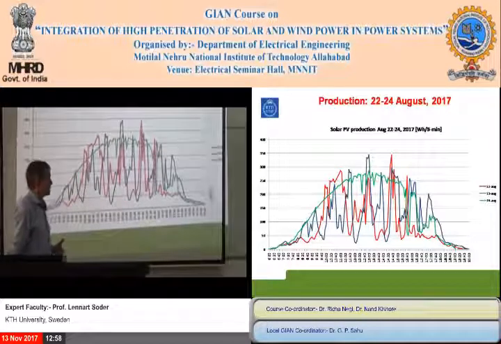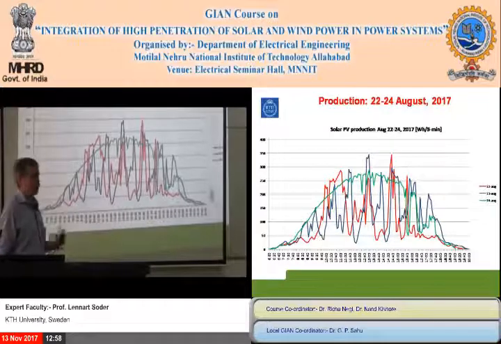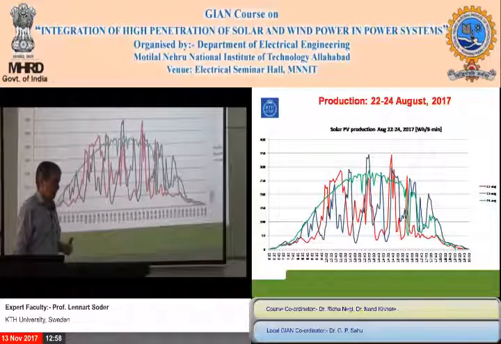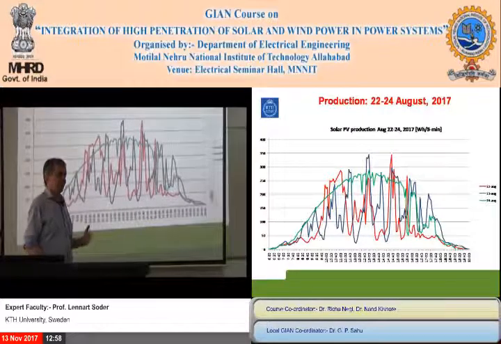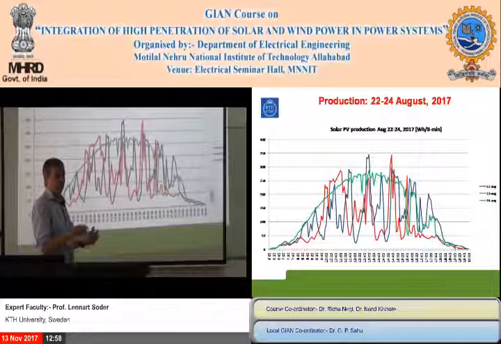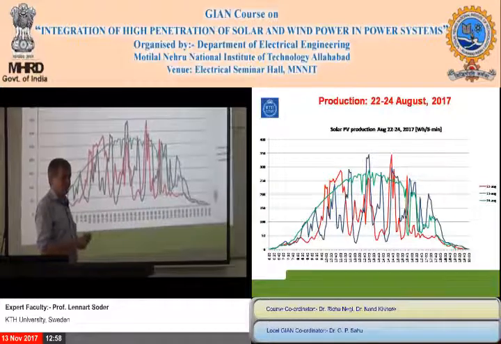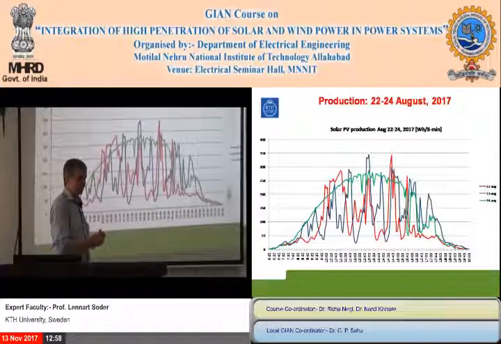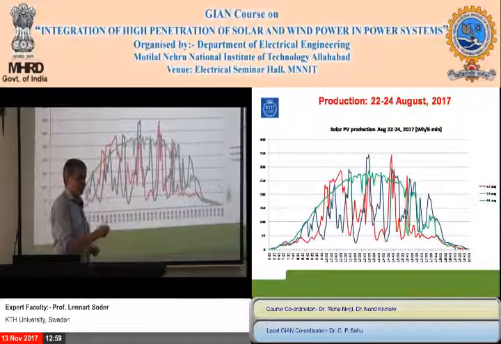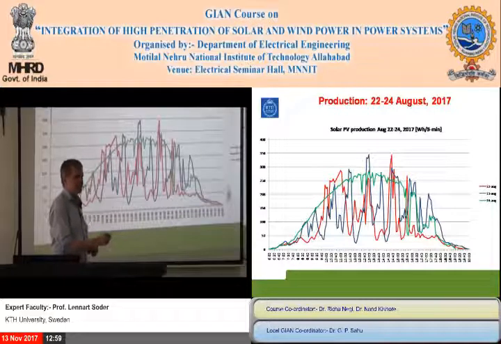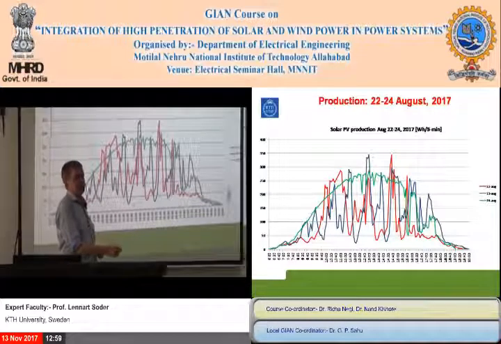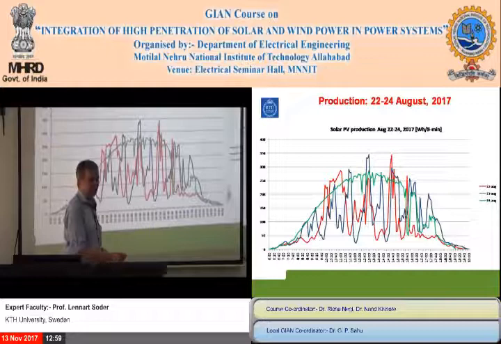Correct. In Sweden the regulation is the following, and this is valid for wind power and a lot of other things: if you want to be connected to the grid, the grid owner can never say no, but you have to pay if there are extra costs related to that.